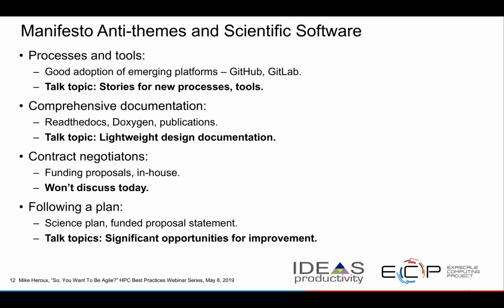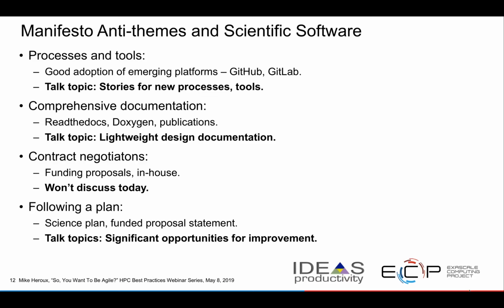I do want to talk about following a plan. In a recent survey I did of a set of software teams, this is one area where I think there's opportunity for improvement. I saw in the survey that for quite a few teams, the most detailed description of the requirements of their product is in the funded proposal.